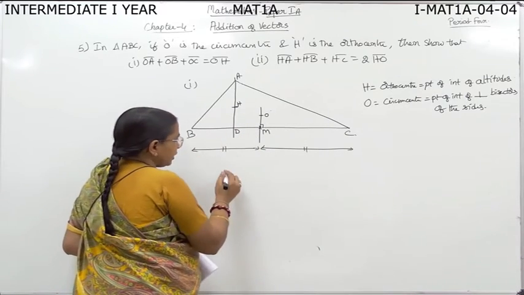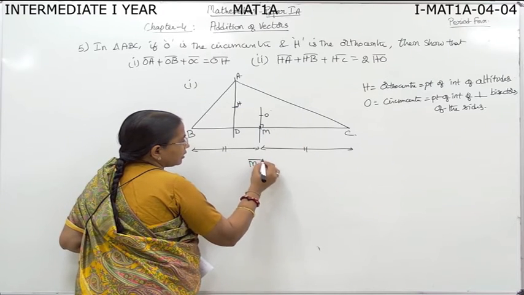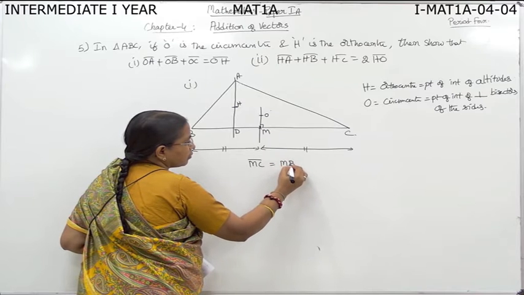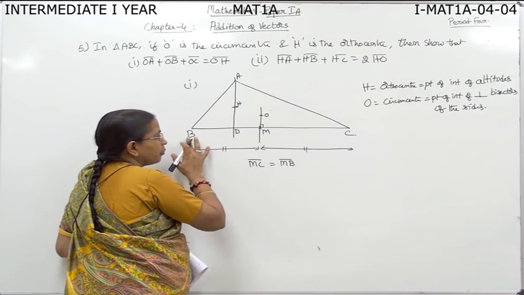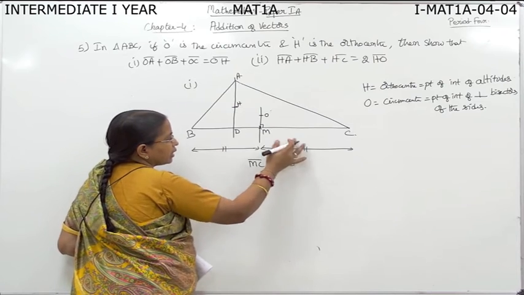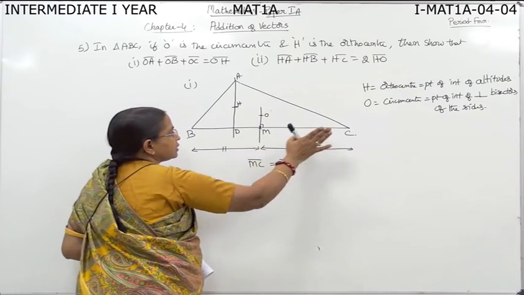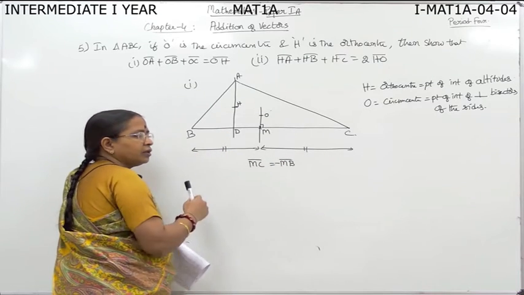So now when you take the vectors MC and MB, they are equal, but they are in the opposite direction. So MC is equal to minus MB because they are in the opposite direction. MC is in this direction, MB is in this direction. They have same length, but they are in the opposite direction.